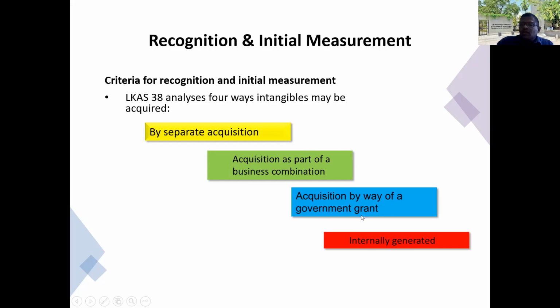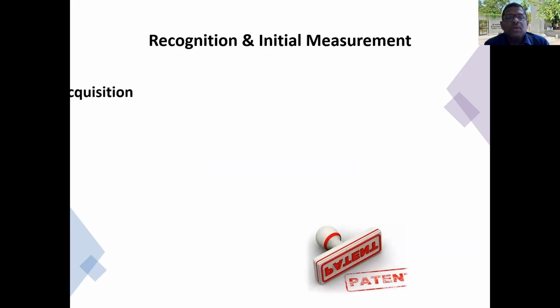Third, acquisition by way of government grants, and fourth, internally generated intangibles. Internal means your organization itself develops it. For example, if you are developing your own software system, it's internally generated. Any intangible asset you can generate internally. There's no problem. We'll discuss one by one.